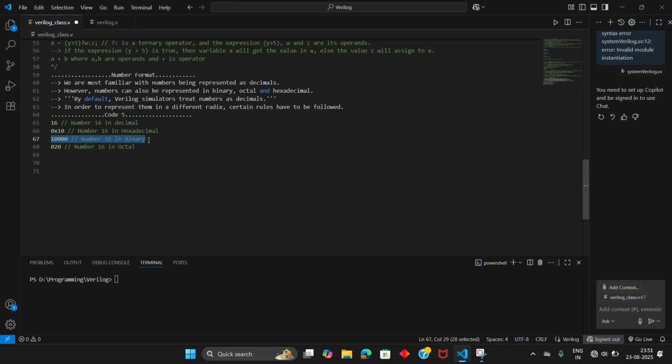For an octal number, you have to write 0 first, followed by that particular number. These four notations are related to the C language, not Verilog. So these are some of the rules in the C language.